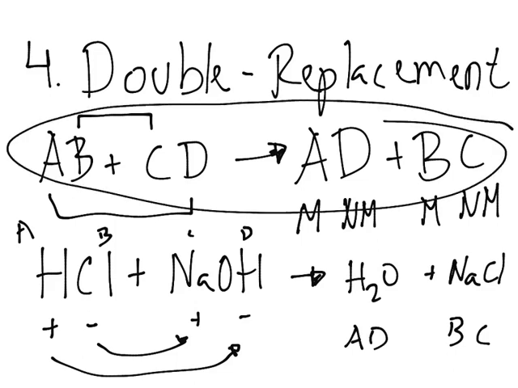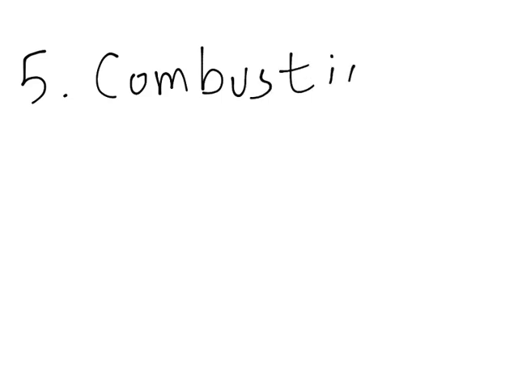Now the last type of reaction are called the combustion reactions. Combustion reactions are a little complicated because they have a lot of calculations on them. So I'll get more specifically into them in a video in the future. Here I'm just going to explain how the model works.